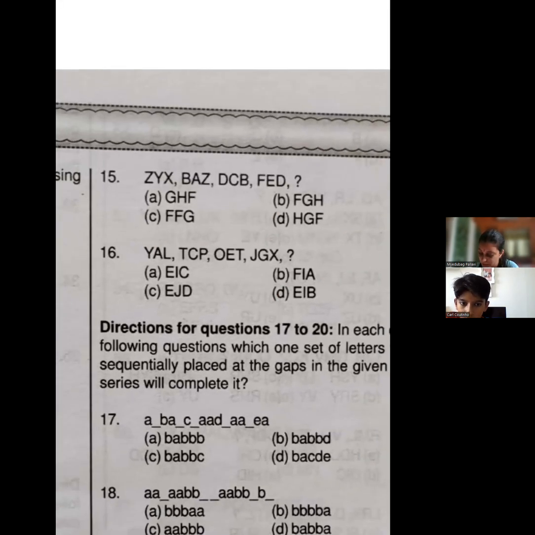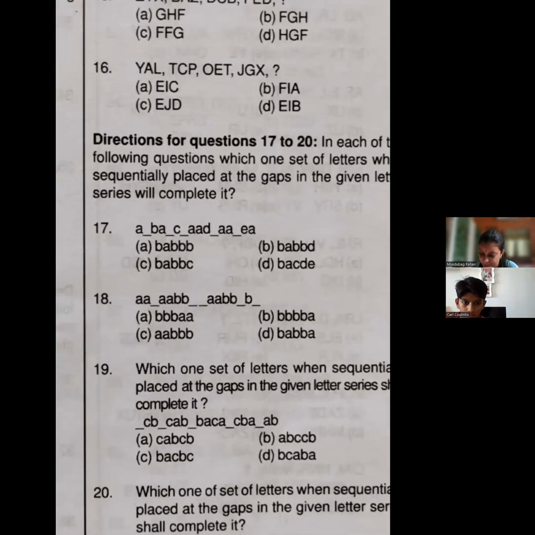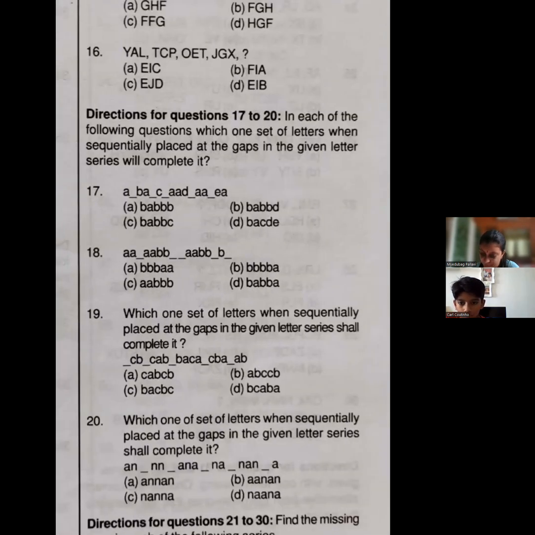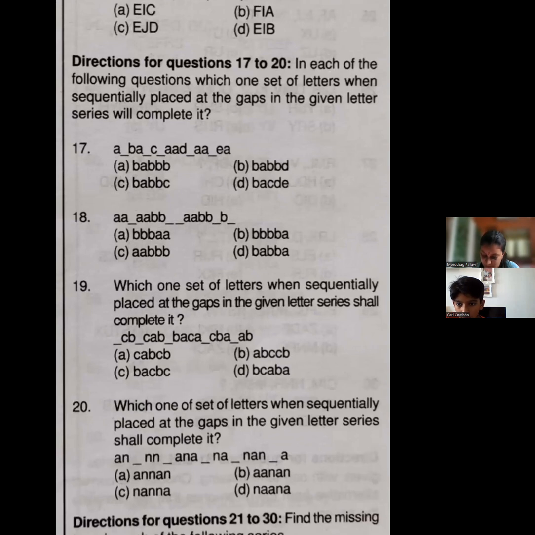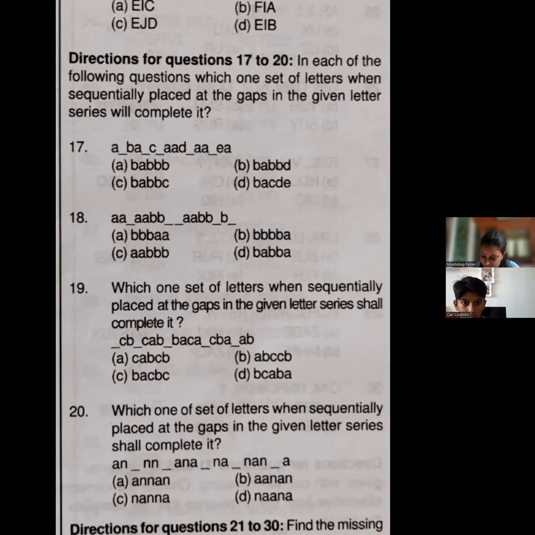Okay, let's see some questions of this type now. Just try the 17th one. Okay, so in this, there is no such logic that we have to apply, no calculation and all. We just have to see the pattern, which is the most suitable pattern that fits into this series. How will we do that?